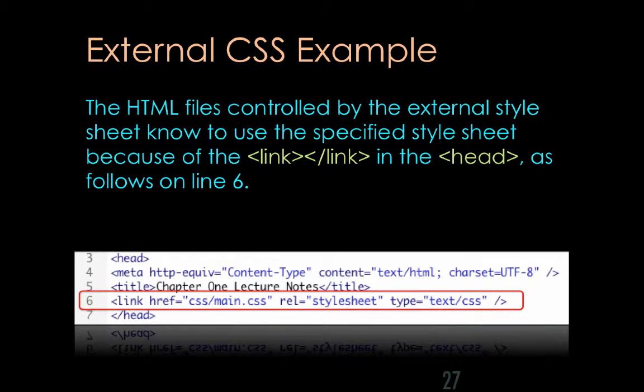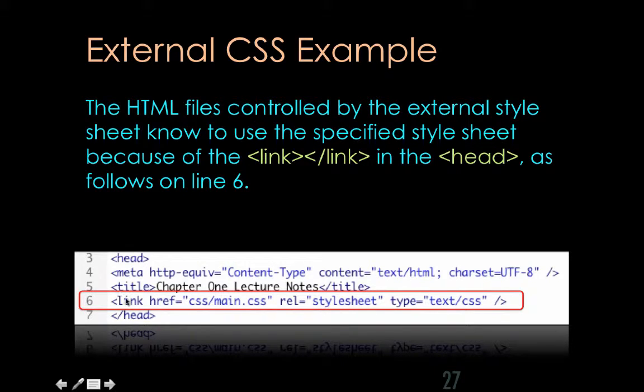Okay, here's an example of the way that you would actually link your style sheet to your HTML file. In all of the HTML files that you would have, up in the head of the document, you create this link with a tag called the link tag.